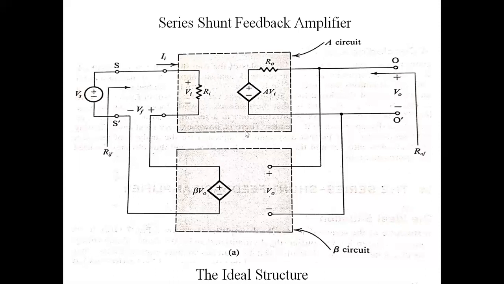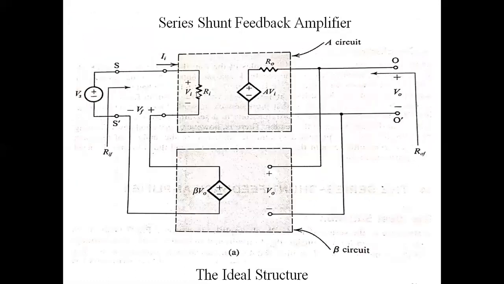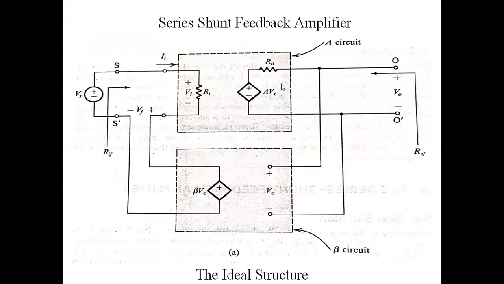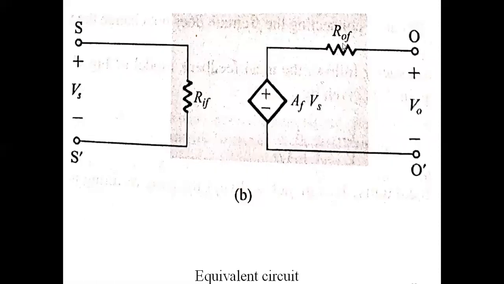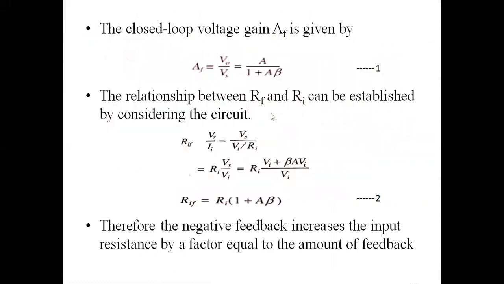The equivalent circuit has been shown here with source voltage and input resistance Vi, Ri, and with the feedback AF into Vs, that is ROF, the output feedback resistance. To measure the output resistance of the feedback amplifier, we will use this circuit.